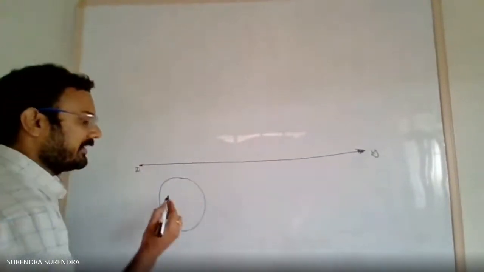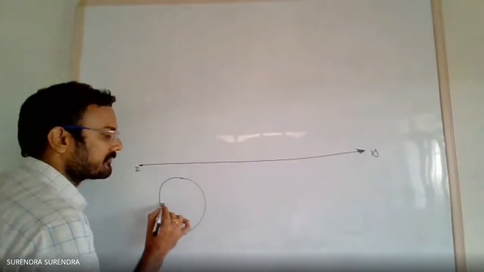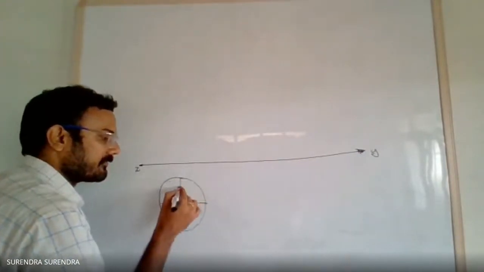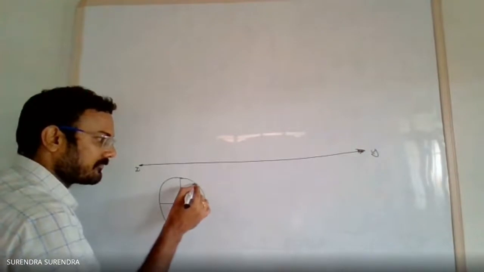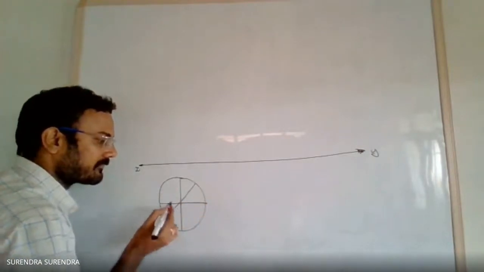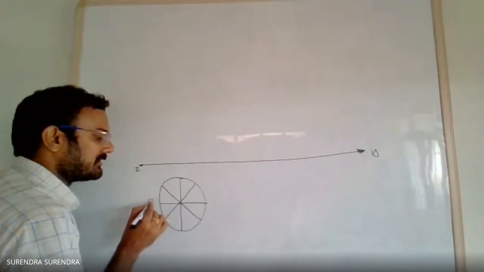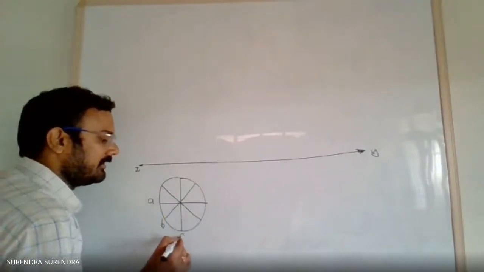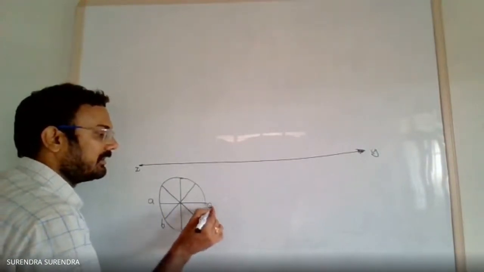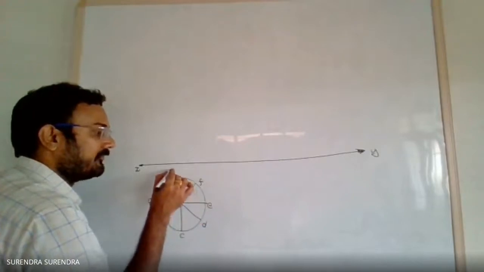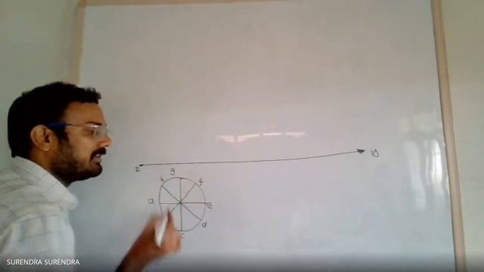So here I am dividing it into 8 parts, naming the corners as A, B, C, D, E, F, G, and H.